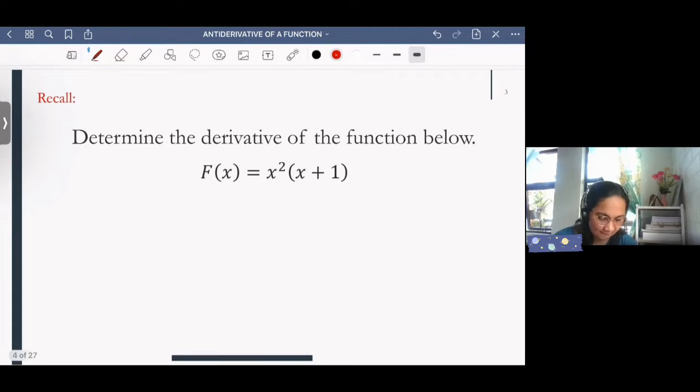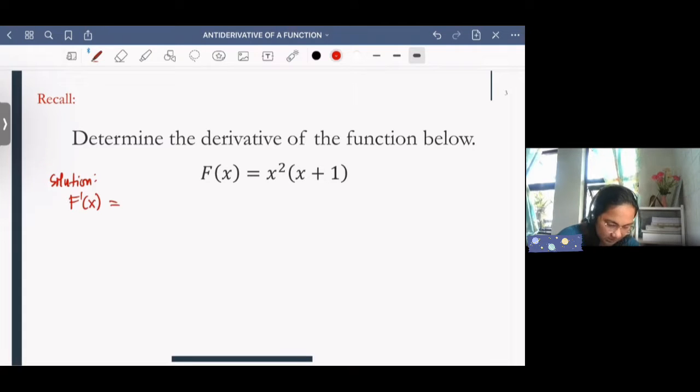For the second function, we have f of x is equal to the product of x squared and x plus 1. We have f prime of x equals, since this is a product of x squared and x plus 1, let's apply the product rule. First, we are going to copy the first function x squared and then multiply that by the derivative of the second, which is the derivative of x plus 1.